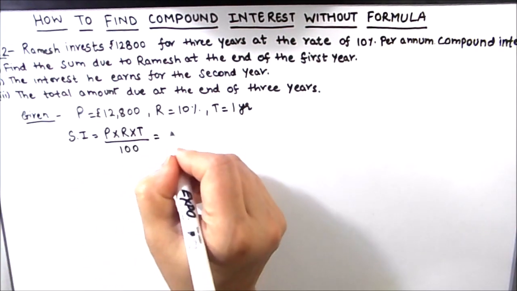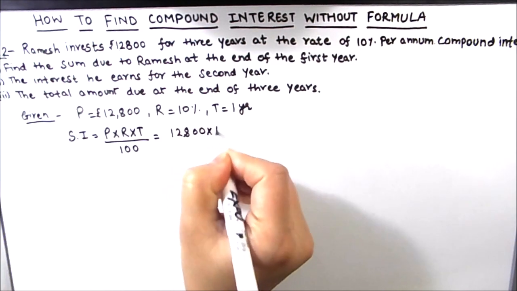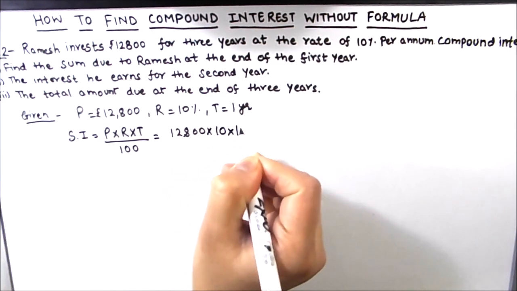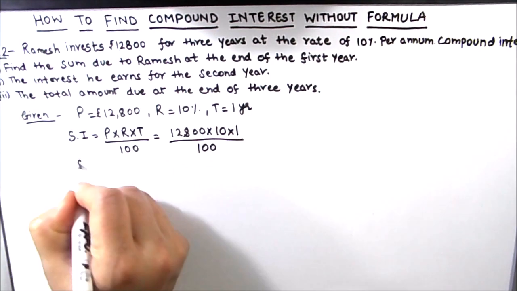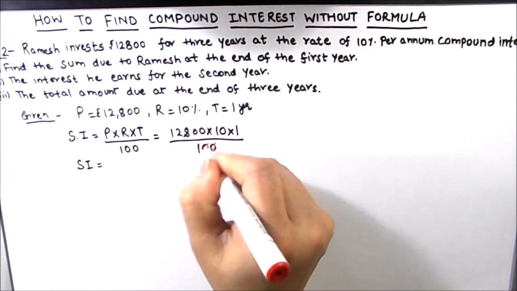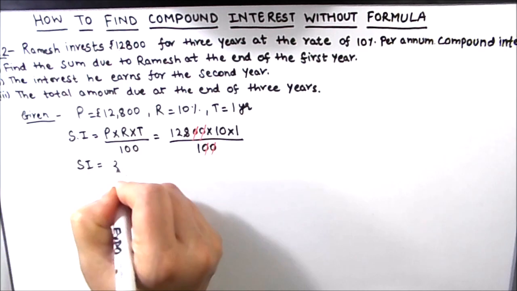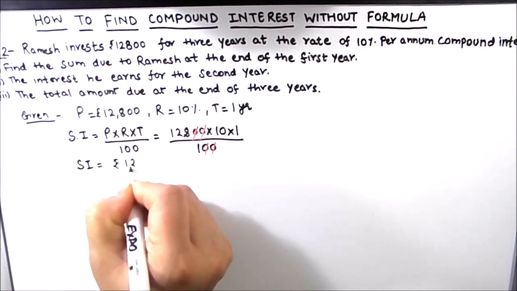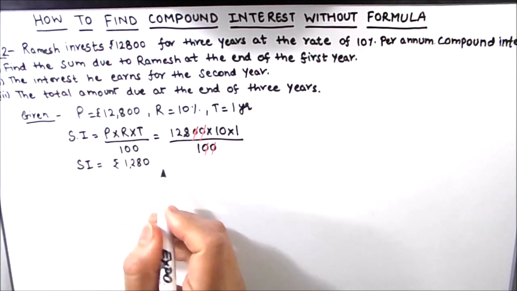So principal amount is 12,800 times rate of interest is 10% times 1 year divided by 100. So simple interest is equal to, these two zeros get cancelled with these two zeros. So we are left with rupees 1,280. This is the interest after 1 year.